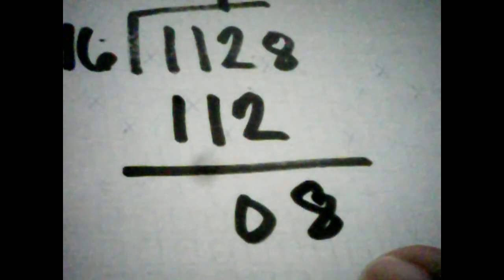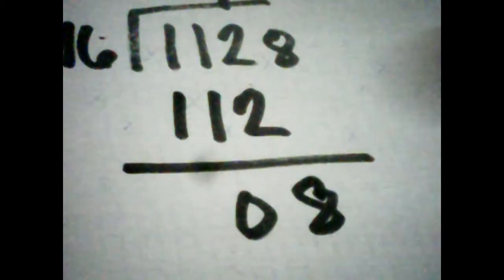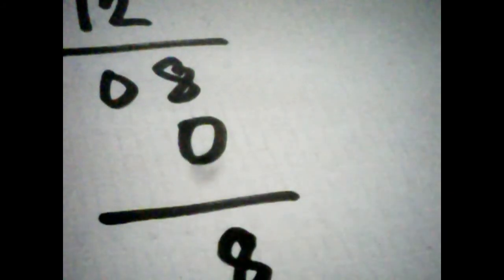So we are going to divide 8 with 16. So we have 0 because this can't be. And then 0. And we have our least significant bit, which is 8, our remainder. So after that, we will proceed to the second division.